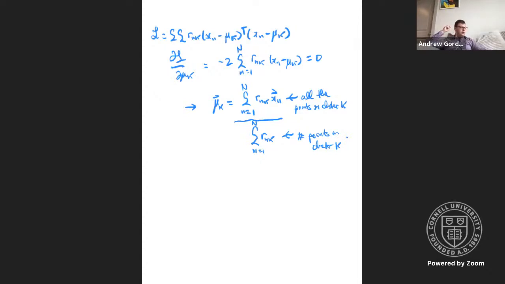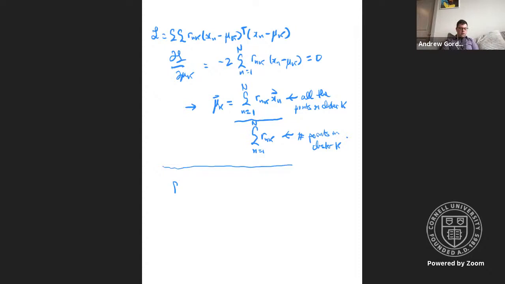Okay, so we don't have time to do the full derivation, but I think it's important that people are aware of this connection and able to look it up: we can rederive k-means as maximum likelihood density estimation with a mixture of Gaussians.